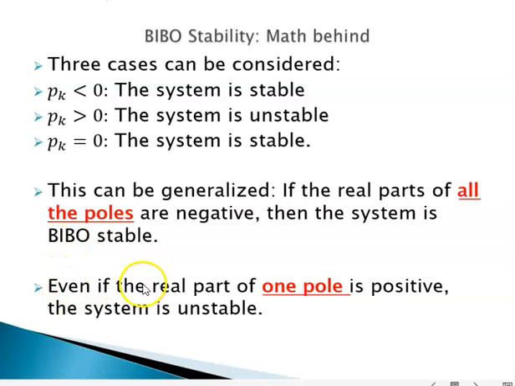Even if the real part of one pole is positive, the system is unstable. That is, if 99 poles have real parts less than 0 and one pole has real part greater than 0, the system is unstable. The condition is that the real parts of all the poles must be negative.